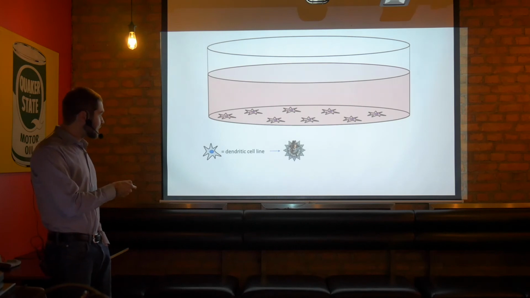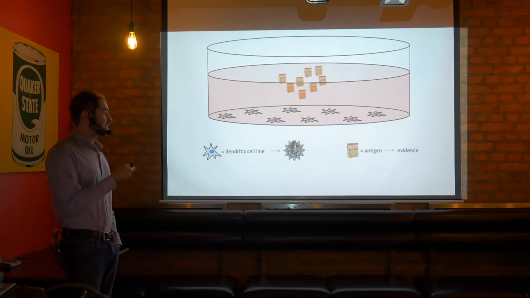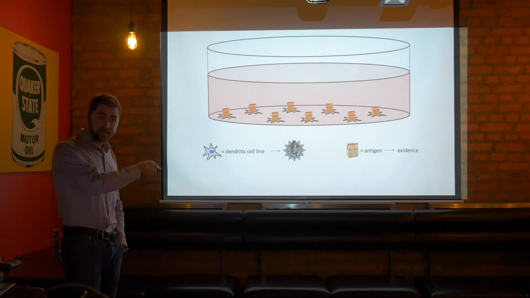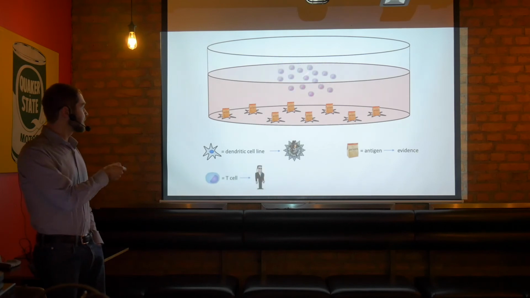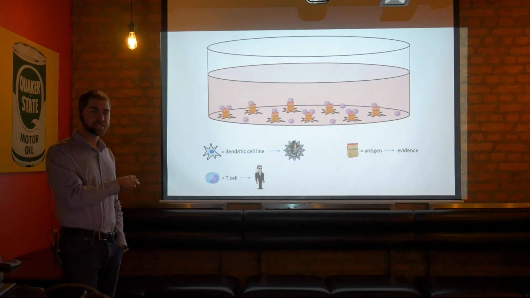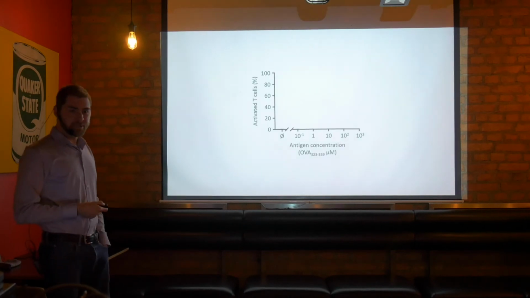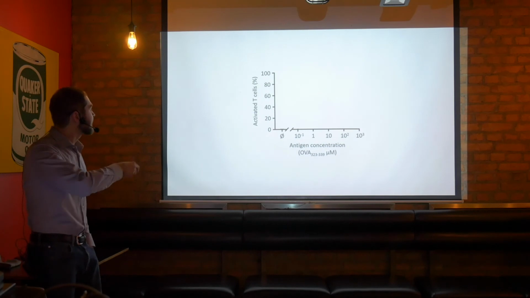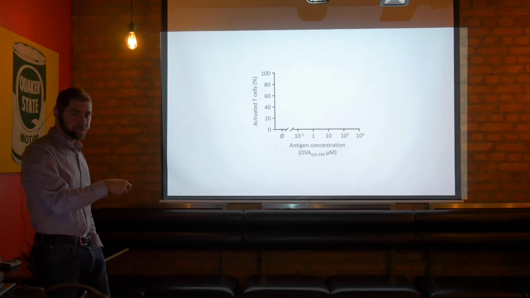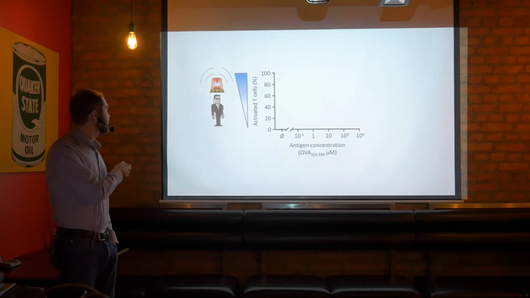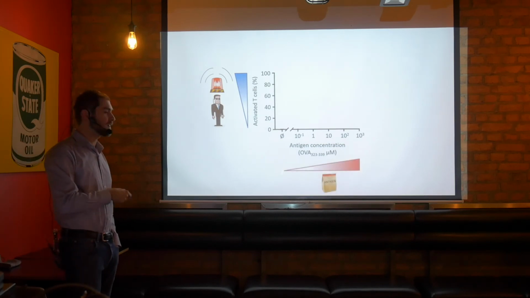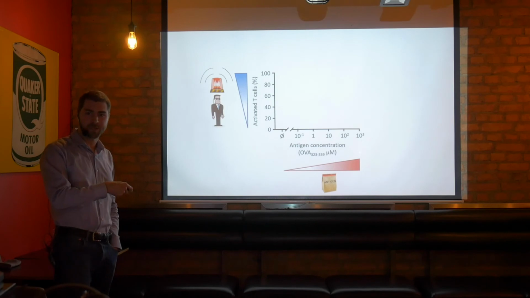So, we put them in culture, we gave them evidence, antigens, we let them the time to collect this evidence, and then we added T cells, the intelligence, we let them the time to interact with the dendritic cells, and then we went to analyze the results, that are the percentage of activation of T cells as a function of antigen concentration, which can be seen as the degree of alertness of the T cells as a function of the quantity of evidence that the dendritic cells were able to show them.